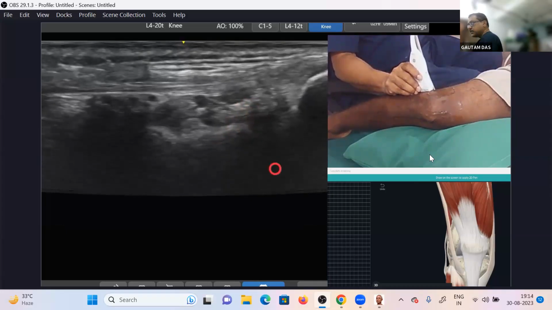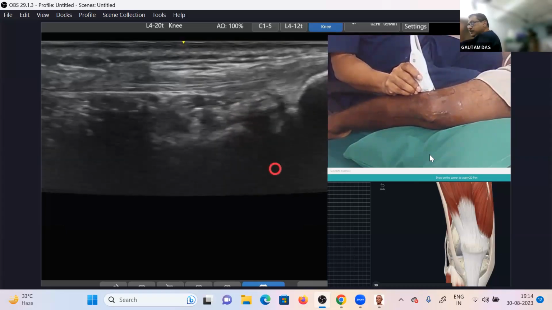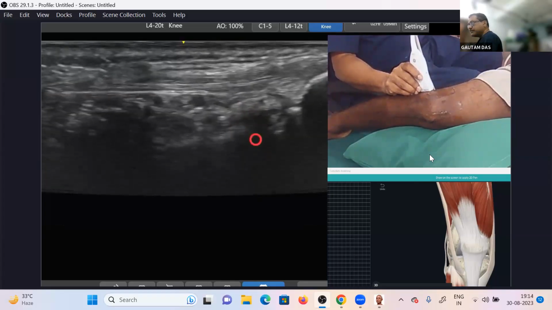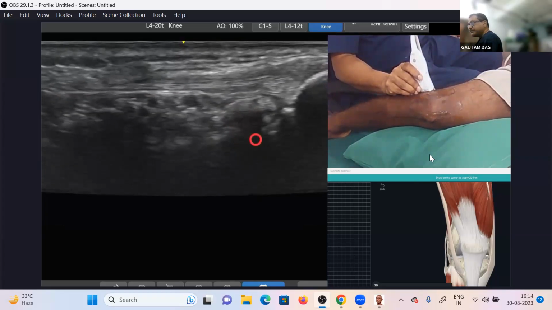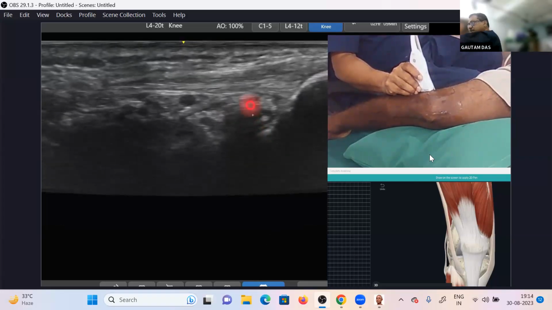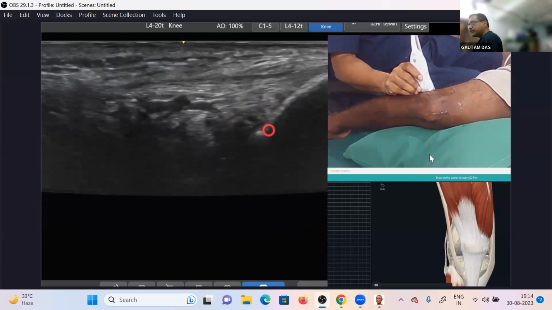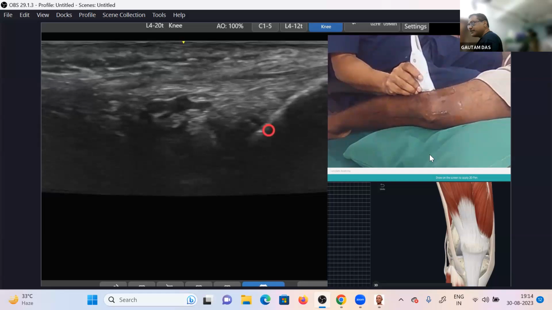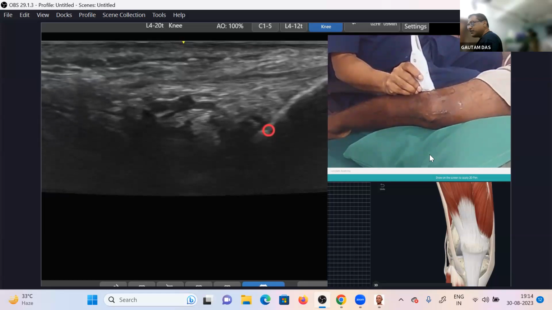Look at some pulsation here at this area. Can you see some pulsation here? Can you see pulsation here? And this is the recurrent fibular nerve here also. Very tiny. So it can be blocked here as well.